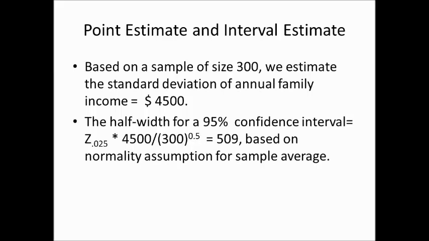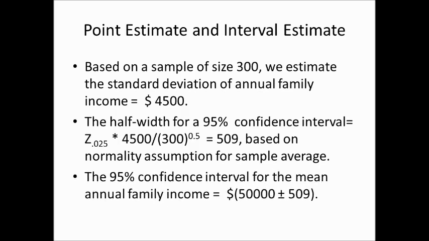So $509 is our error of estimation associated with the average and is based on the normality assumption for the sample average. The 95% confidence interval for the mean or average annual family income is then 50,000 plus minus 509.